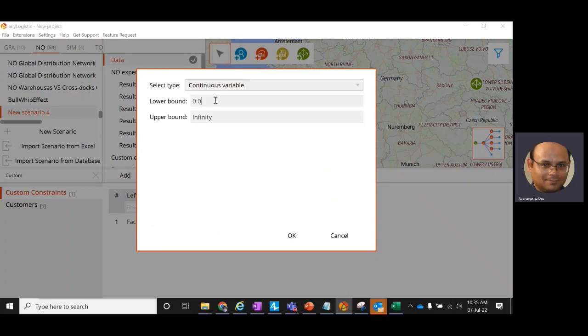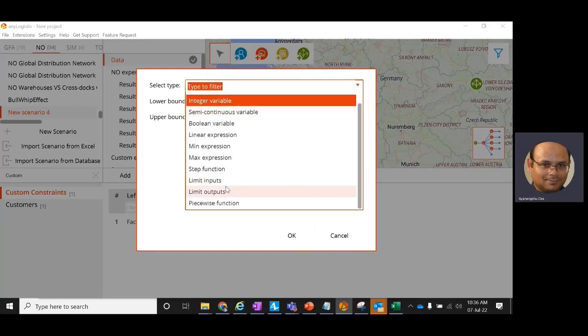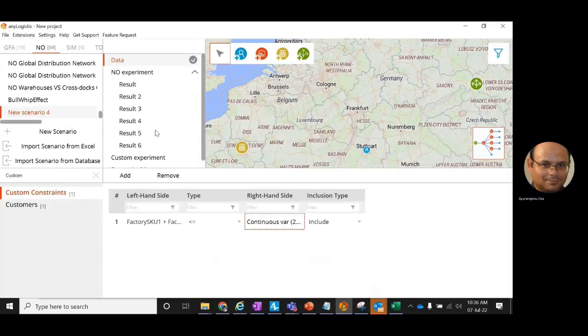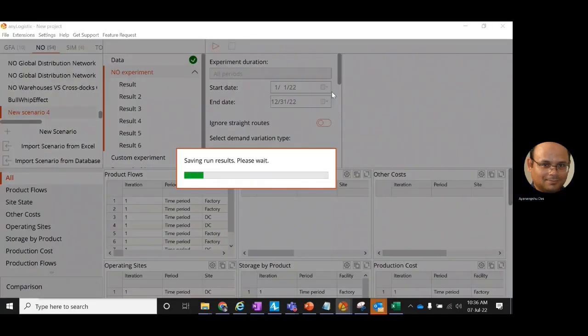We choose a custom continuous variable or integer variable, and we can set limit inputs. It will be a continuous variable, where we say that it should not make below 200. It should exactly make 200. So now with this custom constraint, we run this experiment.